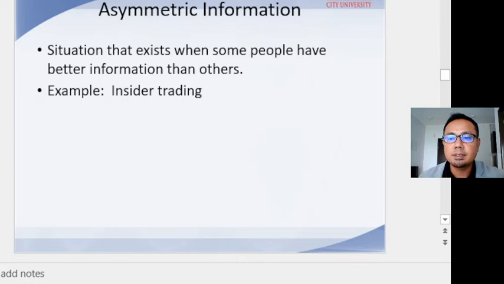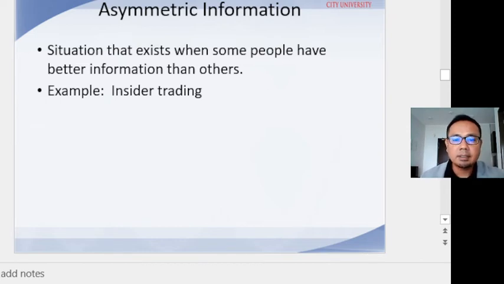So if people know the insiders regularly trade in the stock market, people who are not insiders may rationally choose to stay out of the stock market to avoid paying too much for stock or selling it for too little. In extreme cases, this situation can completely destroy the stock market, as no one is willing to buy or sell shares of firm stock. We will discuss this further later.